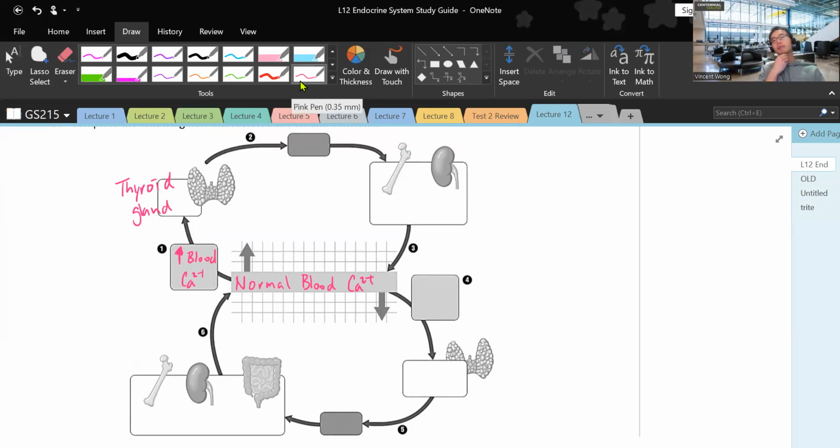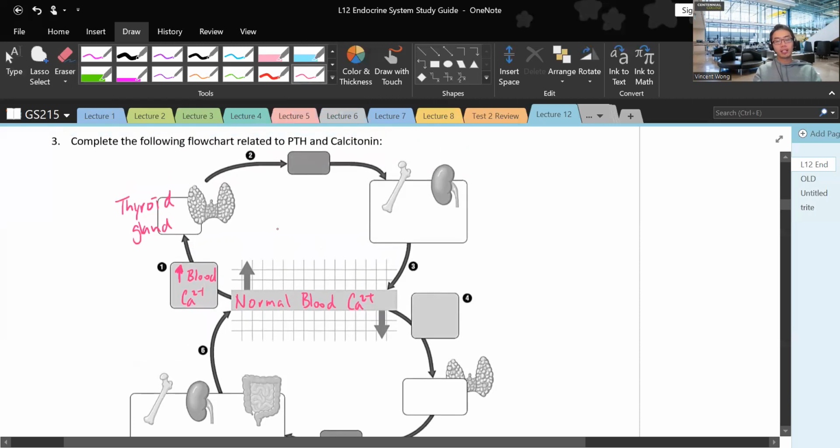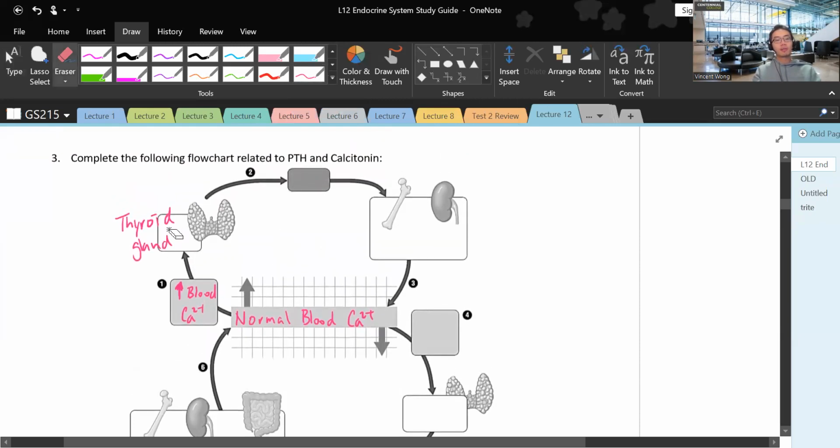Okay, we'll talk about hyperthyroidism later on, and hypothyroidism, where the thyroid gland gets big. But one of the functions of the thyroid gland is to secrete the hormones to bring down the calcium level. So if your calcium level is increasing, do we secrete PTH or calcitonin from the thyroid?